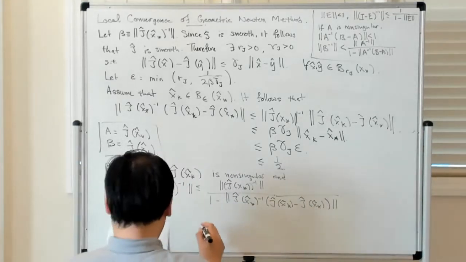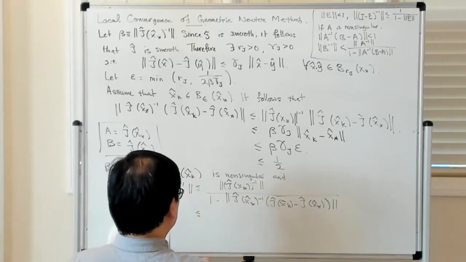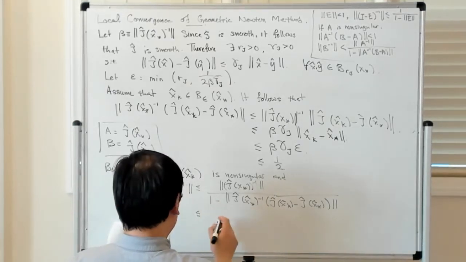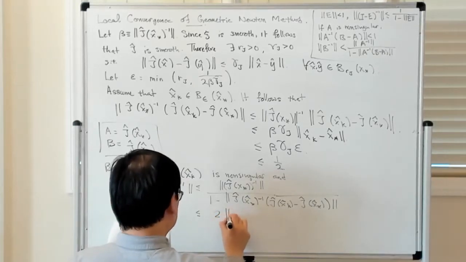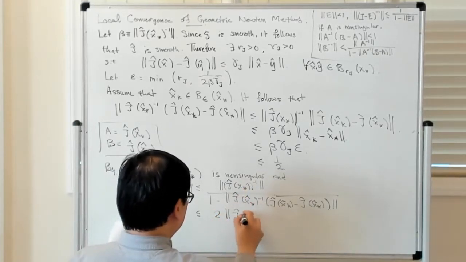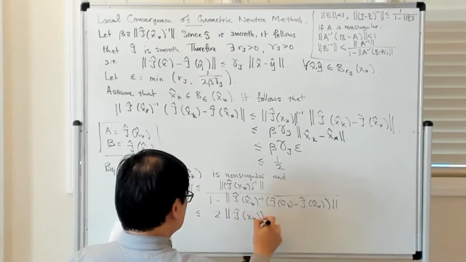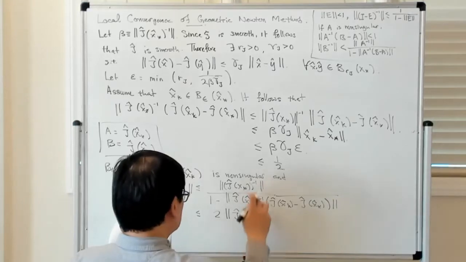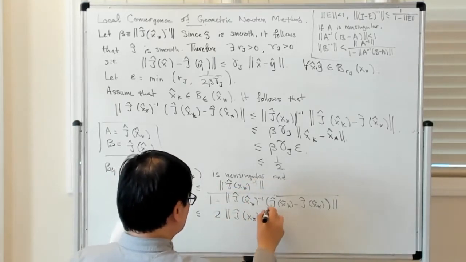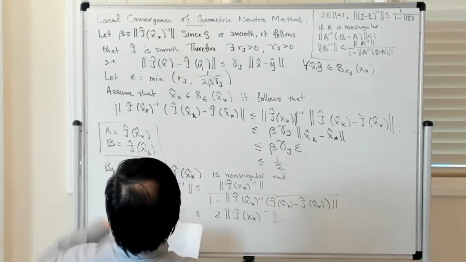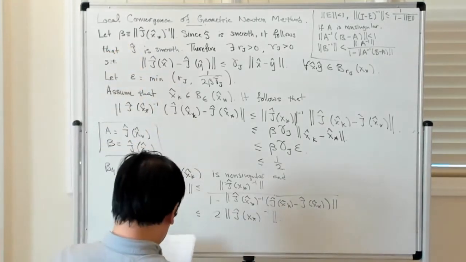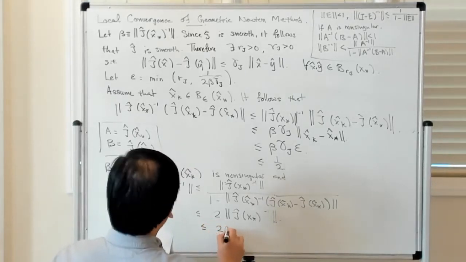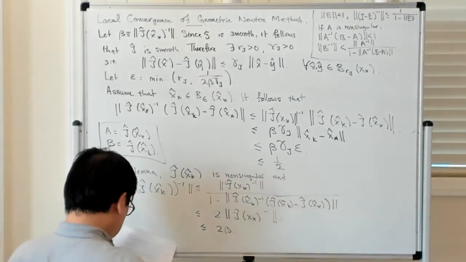Which is less than or equal to, so this 1 minus half is a factor of 2, so it's 2 times the operator norm of the inverse. But the operator norm of the inverse is beta, so this is actually equal to 2 times beta.